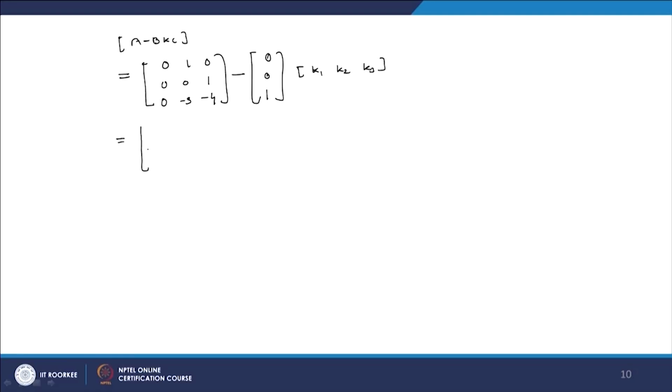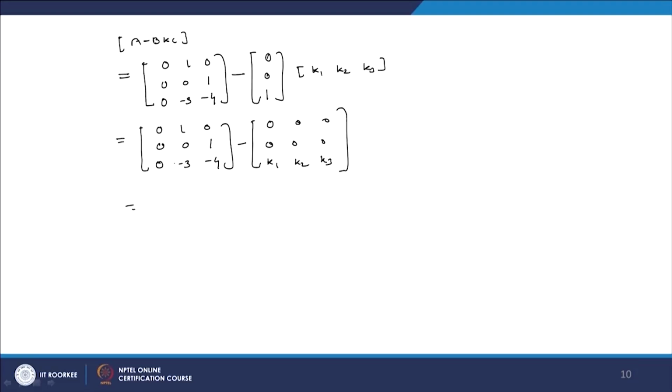So here we will get 0 1 0, 0 0 1, 0 minus 3 minus 4, and after solving the product we will get rows of zeros, zeros, and k1 k2 k3.